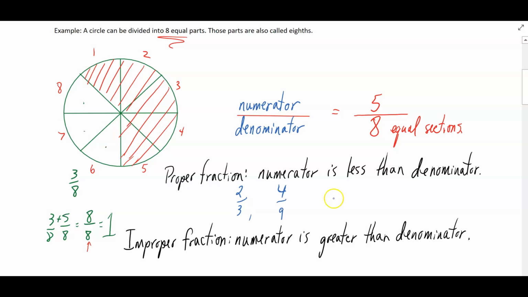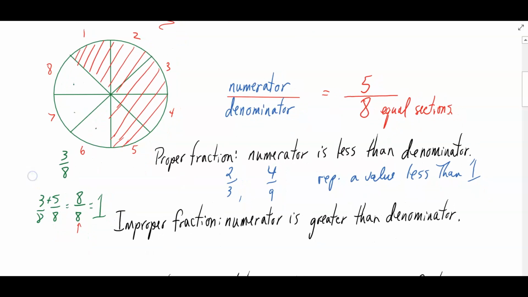Each of these represents a value that is less than 1. On the contrary, an improper fraction is when the numerator is greater than the denominator. For example, 10/3 or 5/2. Each of these represents a value that is greater than 1.